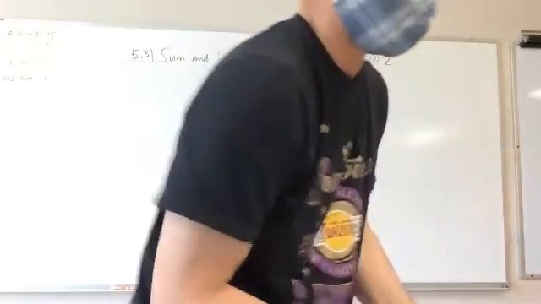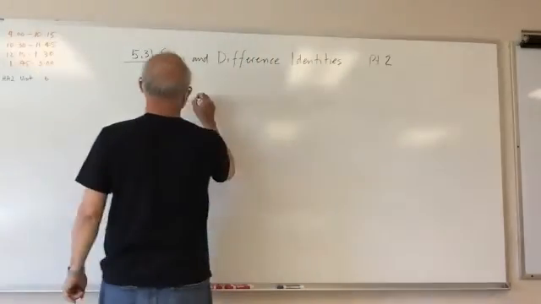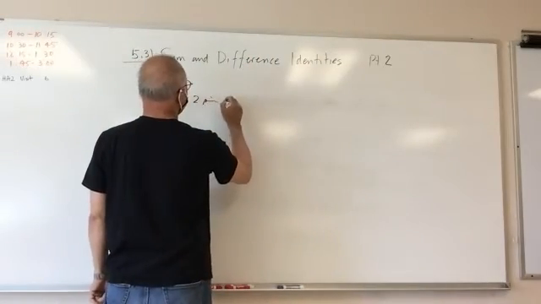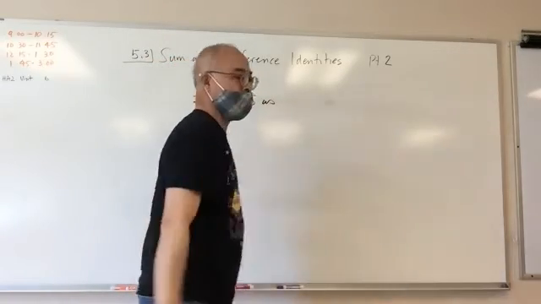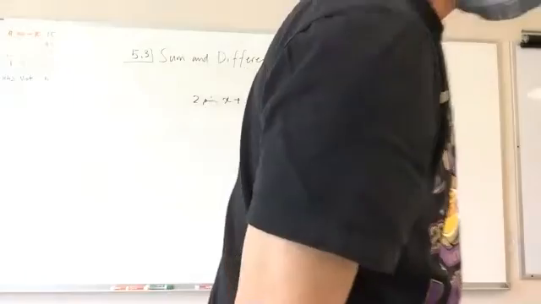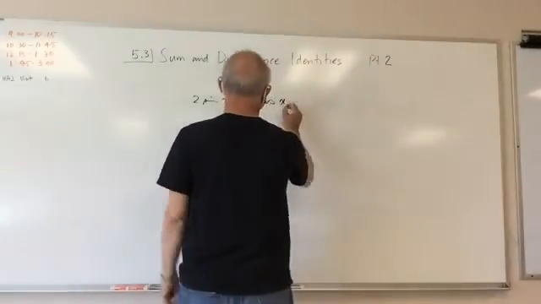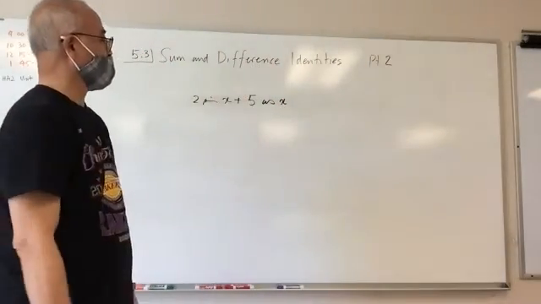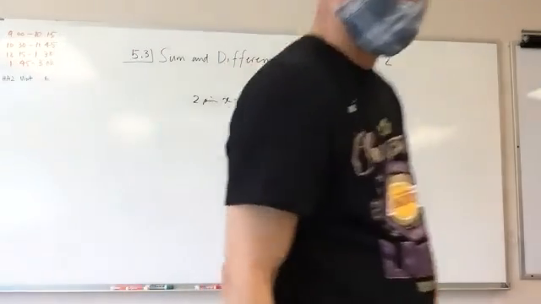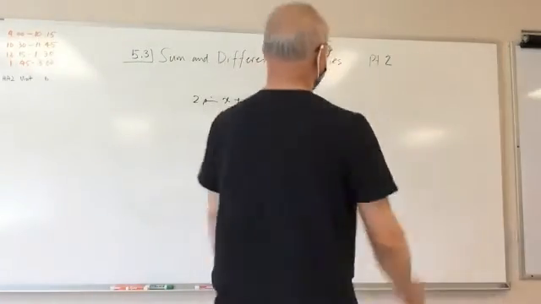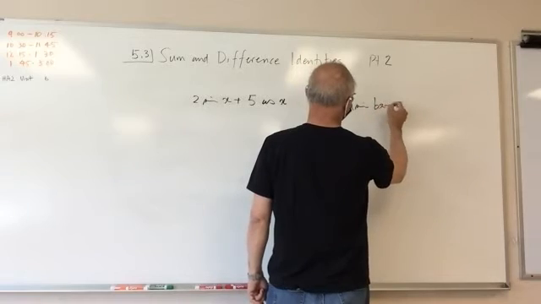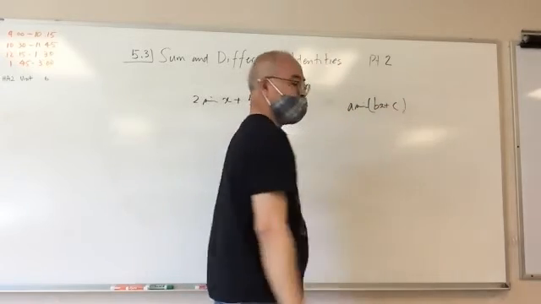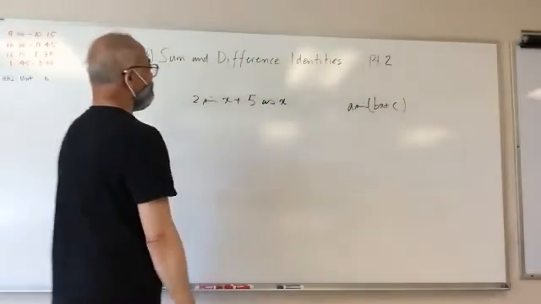I have 2 sine x plus 5 cosine x, and I'm going to express this as A sine of bx plus c. Is that what we're trying to do? Yes. Okay, so let's find the amplitude first.